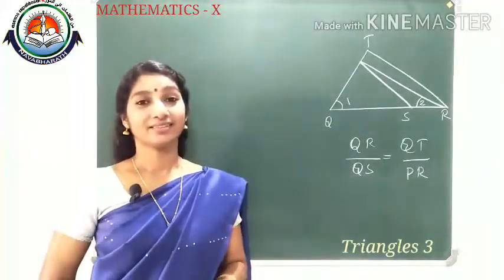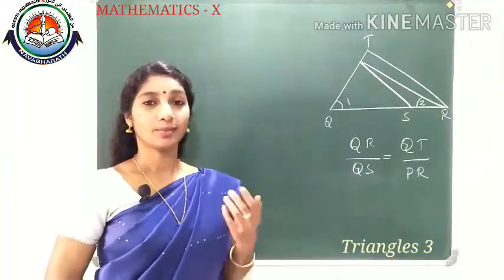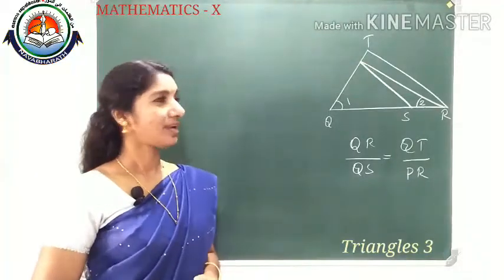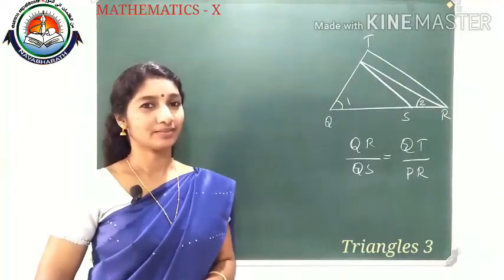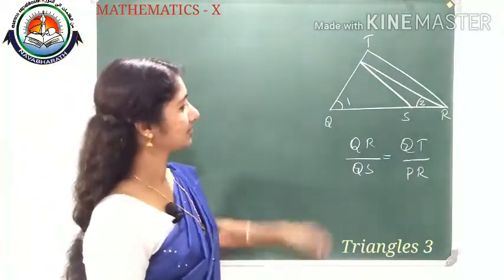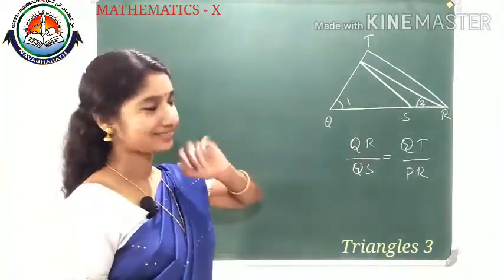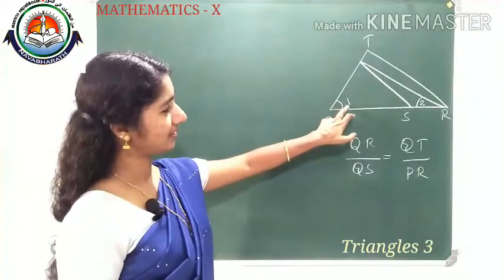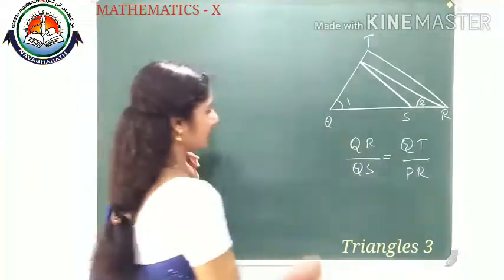Now we can do some problems based on similarity criteria. I hope you studied the criteria properly. Okay. See, one problem is given. A figure is given, and in the figure angle 1 and angle 2 are given, they are equal.